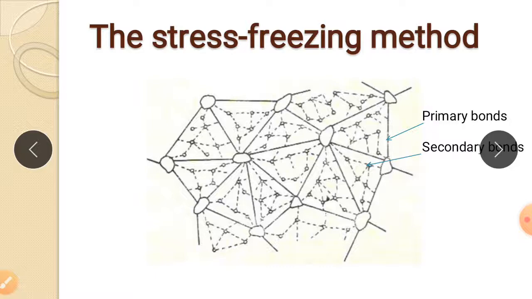If the material is in a compressed position, the secondary bonds keep the primary bonds in that compressed position. So the stress present in the material when the load was applied is frozen. That is why it is called the stress freezing technique.